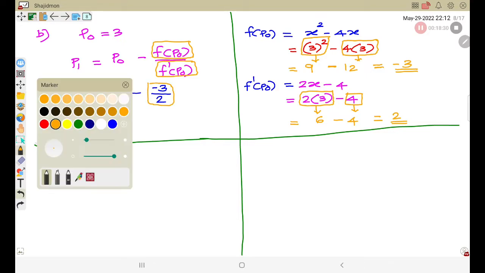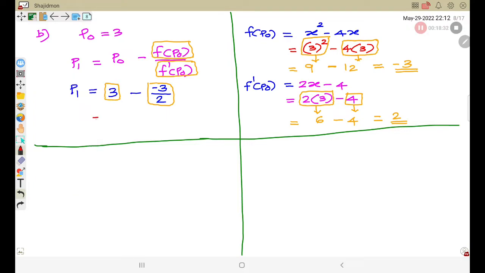So equals 3 minus minus 3 over 2, that is minus minus 1.5. Now add: 3 plus 1.5 means 4.5. This is the first approximation to the solution of the equation, P1.